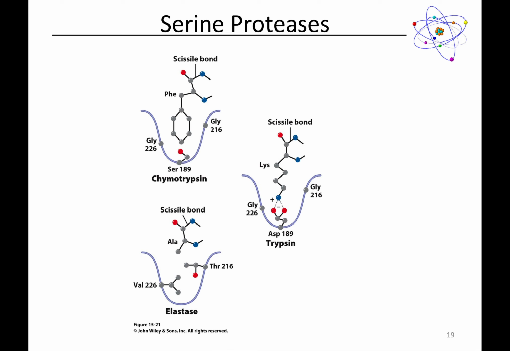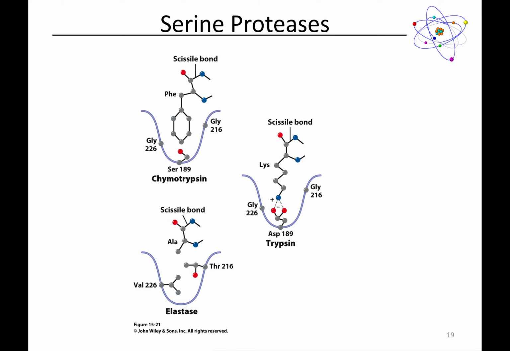For trypsin, here's our specificity pocket. We have this big groove, this big hole, where the long chain of lysine or arginine can bind and interact, and at the end you have an aspartic acid that can make an ion pair. That ion pair is a strong intermolecular force that dramatically increases the affinity of the peptide for the enzyme.